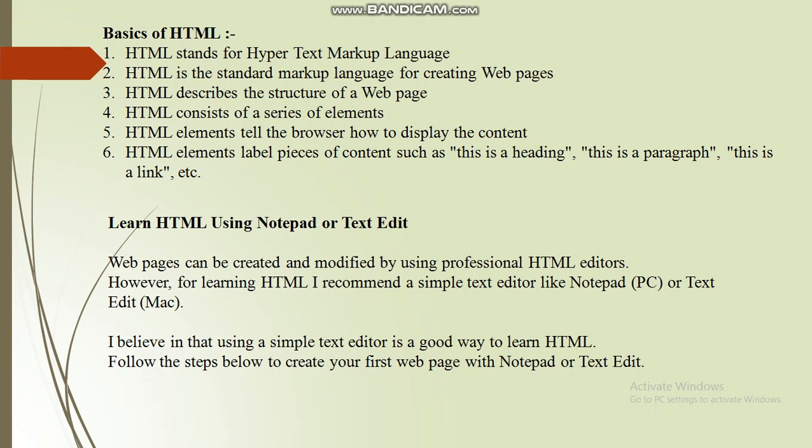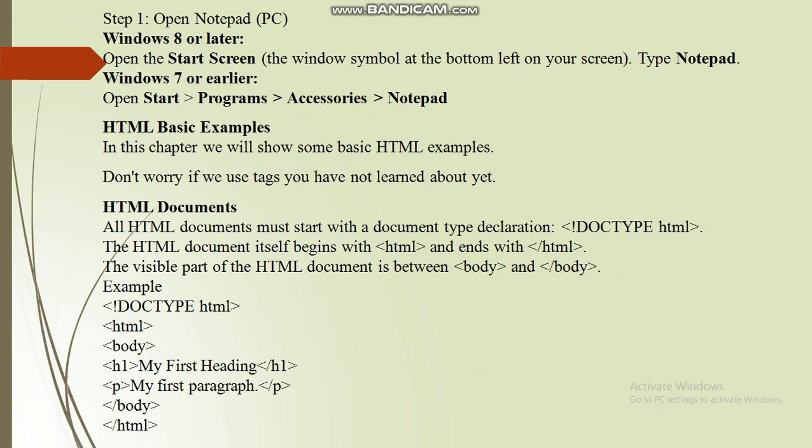In the same way, moving to the next, we have the steps. As you all know, you may be using Windows 7, Windows 8 or maybe a mobile for HTML. Suppose you are using Windows 7, so how to start Notepad? The steps are very common.